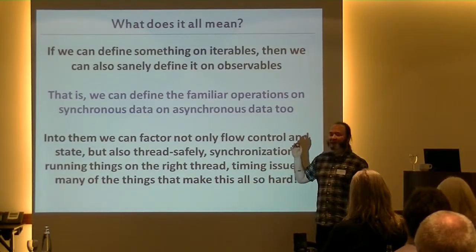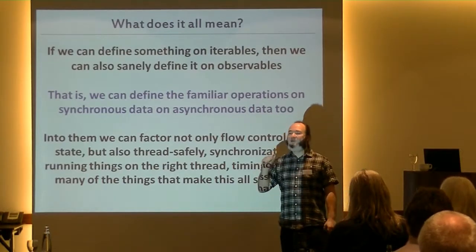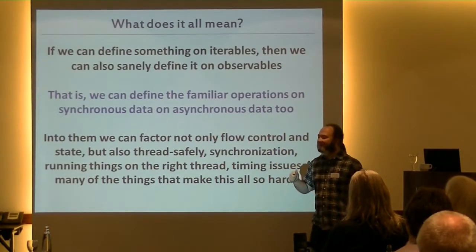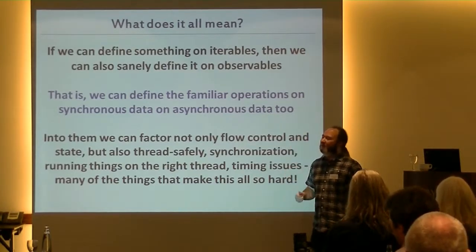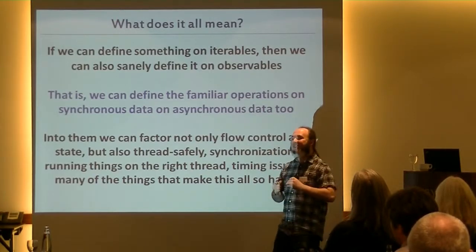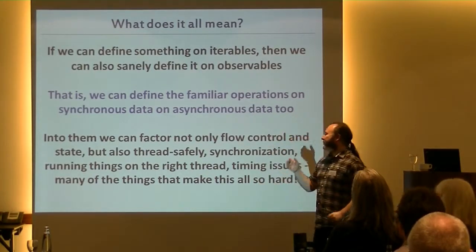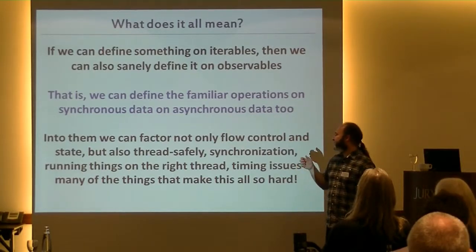So if we can really say that an iterable and an observer are dual, that means we can write all of those nice things that we write for iterables for observables. And we can factor out all of that tricky stuff into the map and the grep and the whatever implementations for these types.